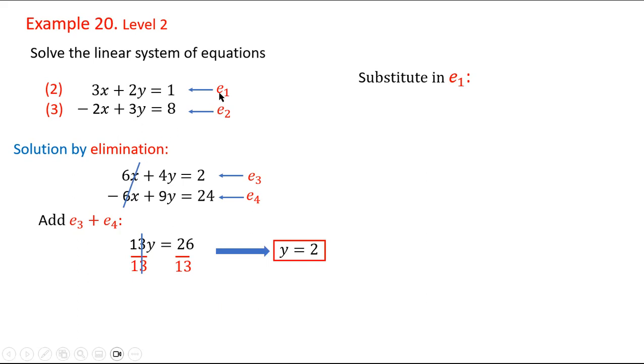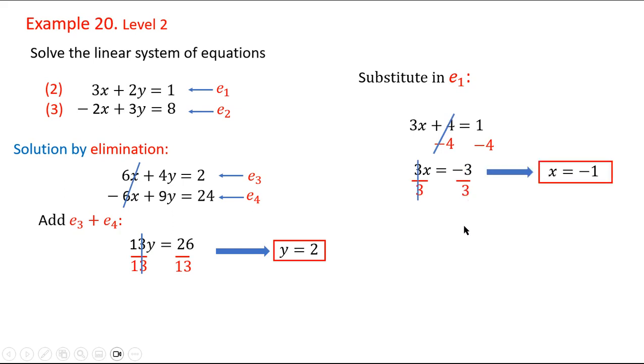So I used E1 here. So 3x, y is replaced by 2, 4, is equal to 1 minus 4. 3x is equal to minus 3, divide by 3, x is equal to negative 1. So the answer is negative 1 and 2. X is negative 1 and y is 2.